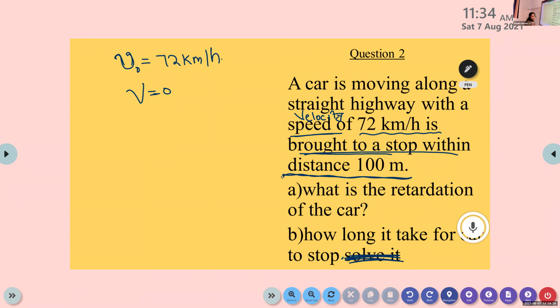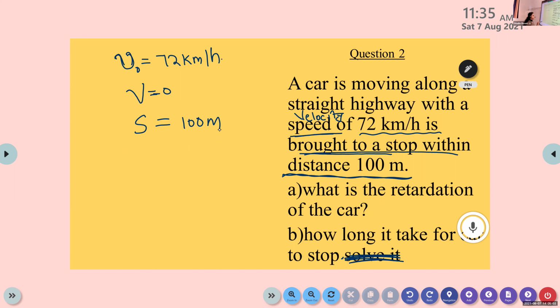It is represented by s. s is equal to 100 meter. So here we get the values of v zero, v and s. s is the distance, v is the final velocity, and v zero is the initial velocity. The initial velocity is 72 kilometer per hour, the final velocity v is equal to 0, and the distance covered by the object s is equal to 100 meter, right?